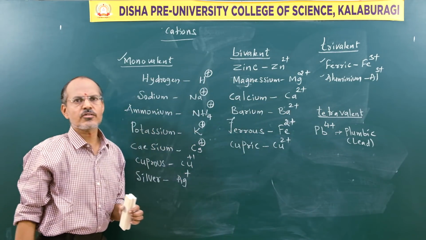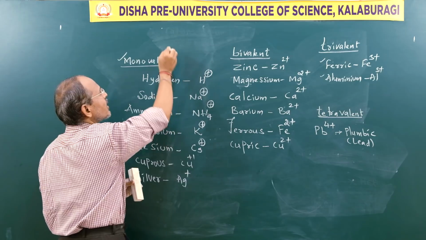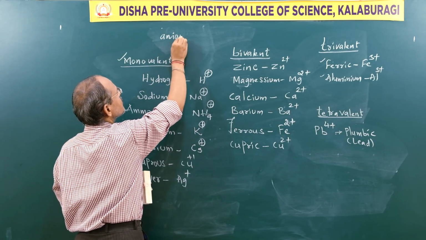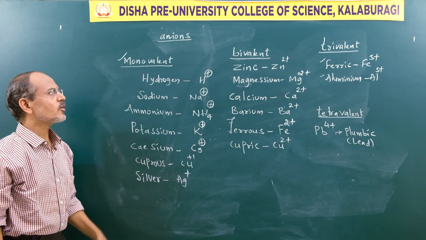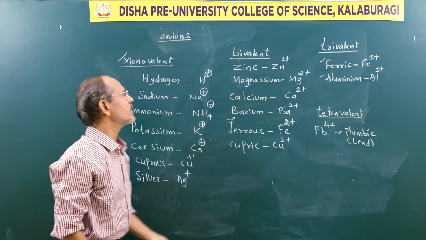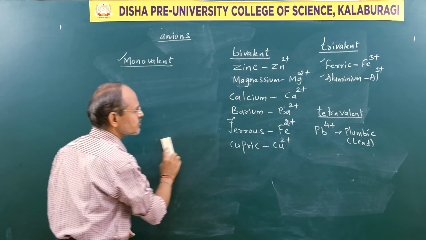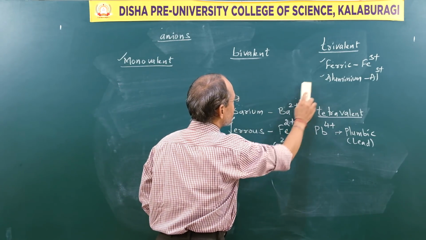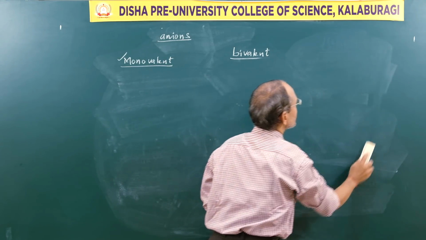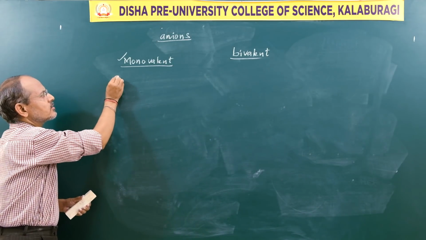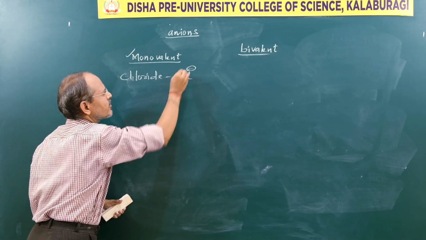Like that, if you go with the negative ions, that is anions, there also you will find the same: monovalent, bivalent, trivalent, and tetravalent. Here we'll see, okay. Now monovalent, chloride, that is Cl minus.